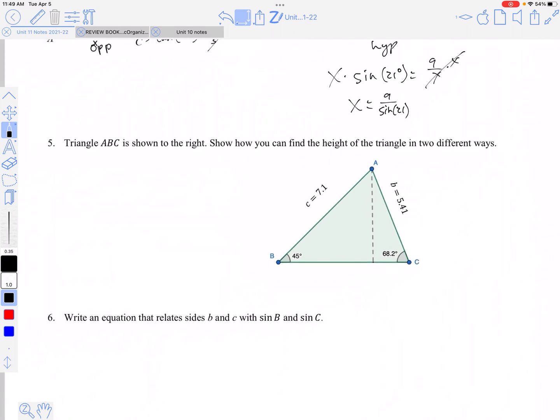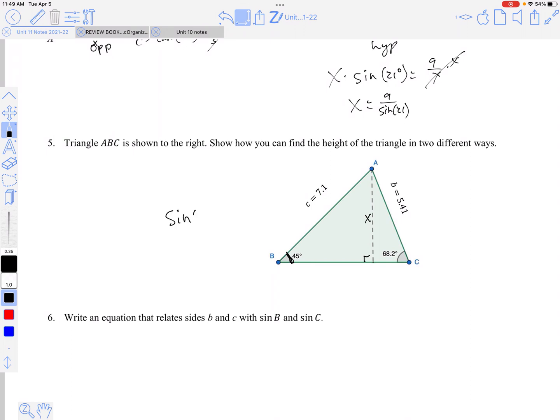All right, so triangle ABC is shown to the right. Show how you can find the height of the triangle 2 different ways. We have 2 different right triangles because the height will form a 90-degree angle. Looking on the left-hand side, here is our angle. We want the opposite side, and we have the hypotenuse.